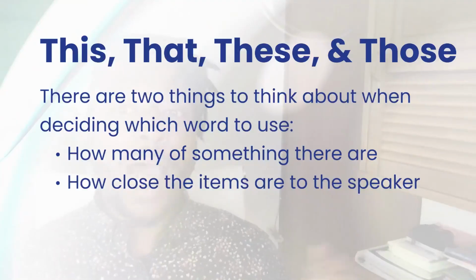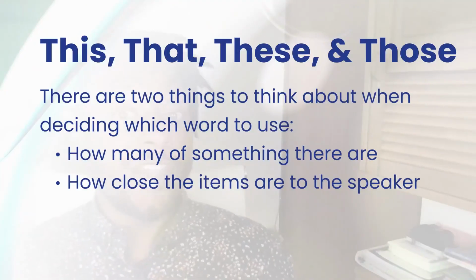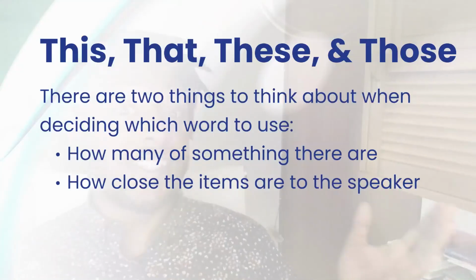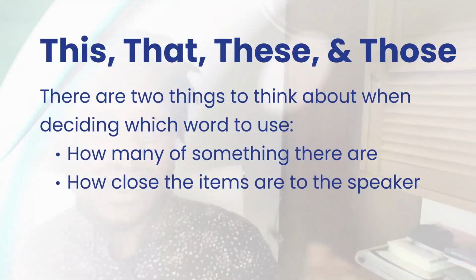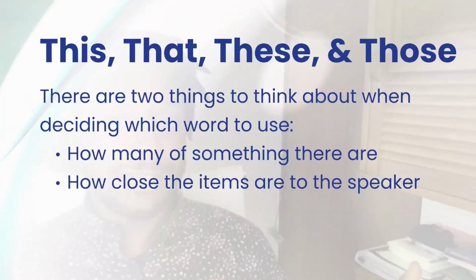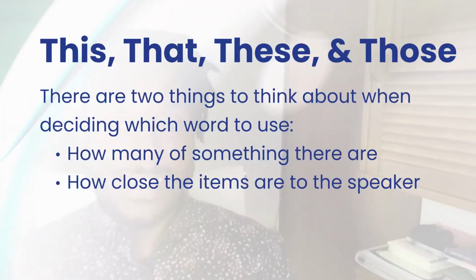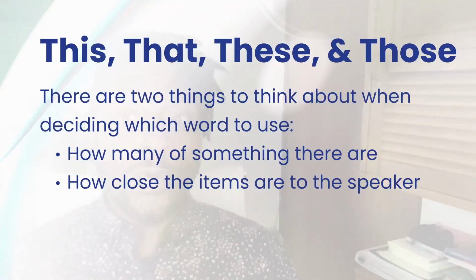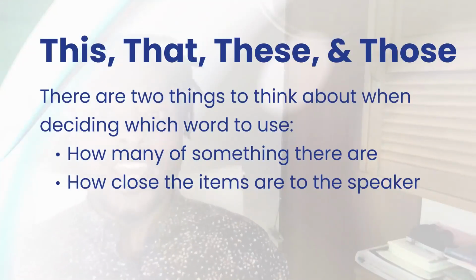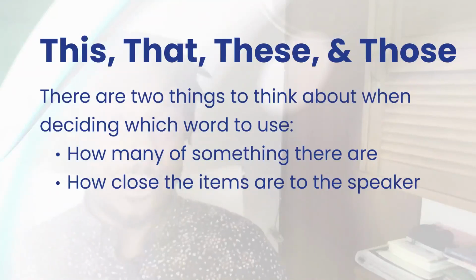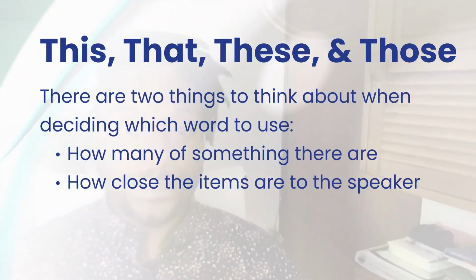One is how many of something there are. Some of these words are used for singular items, while others are used when there are multiple items. The next thing we need to consider is how close we are to the item. So if you are the one speaking, you will use a different word depending on how close the item is to you.